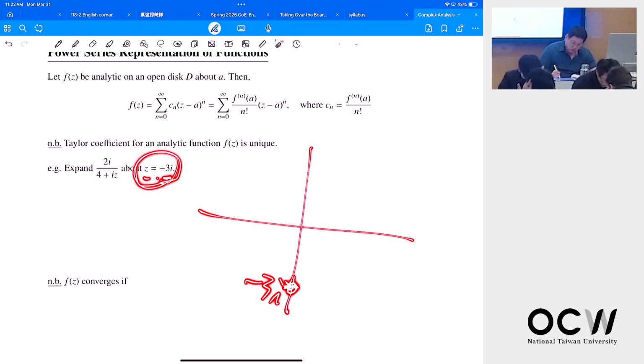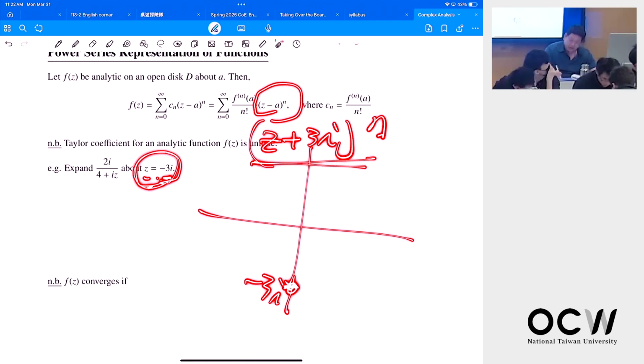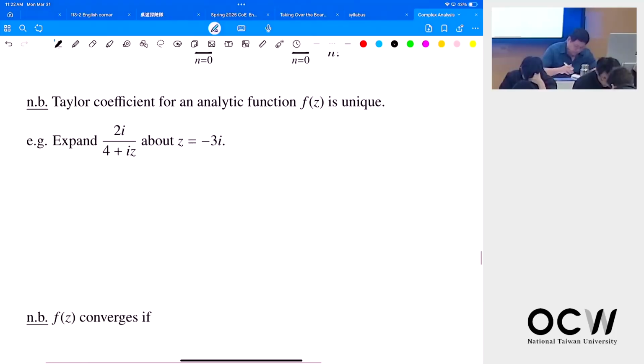So that means I should have z minus (minus 3i), that means z plus 3i, to the n. Okay, I want to create this term. So to create this term, we need to rearrange the original complex function.